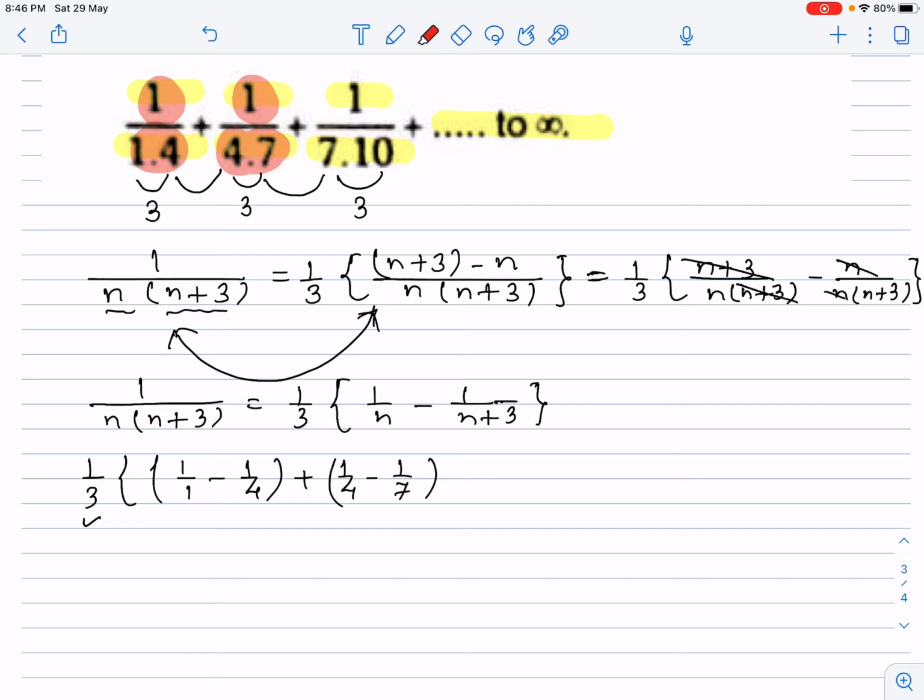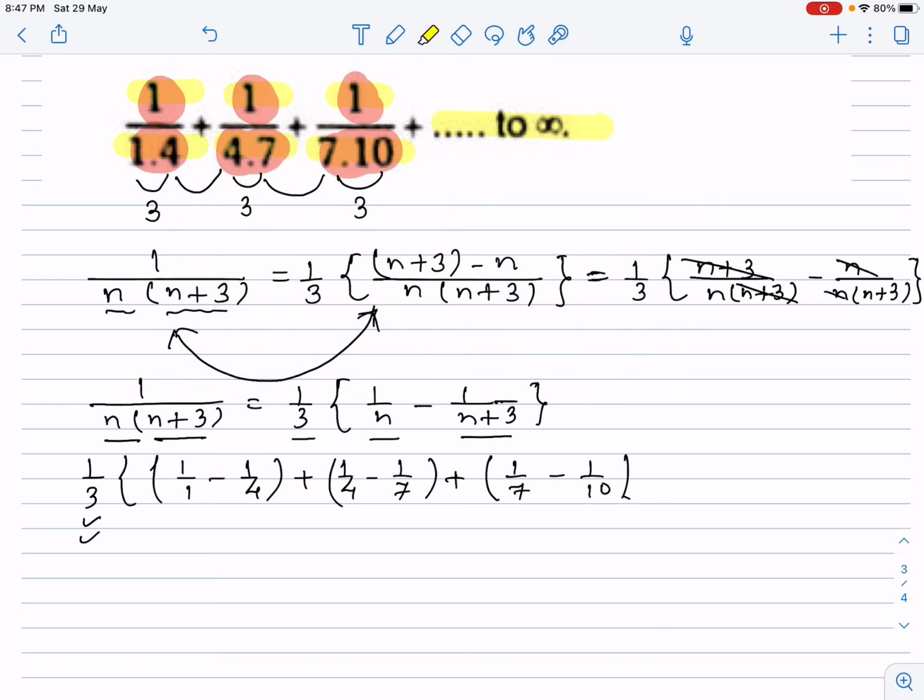And what is the third term? 1 divided by 7 multiplied by 10. So I'll write it like 1 by 3 multiplied by 1 upon 7 minus 1 upon 10. What is the thing I am using? 1 upon n into n plus 3 is 1 upon 3 into 1 upon n minus 1 upon n plus 3. That thing I have used.